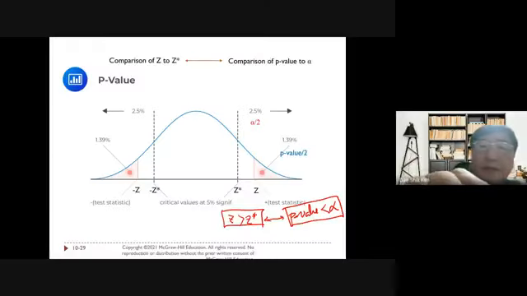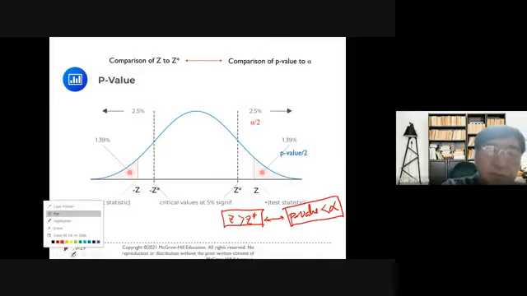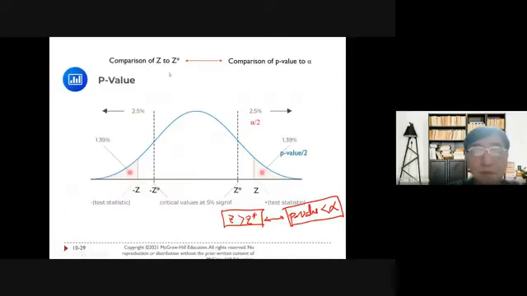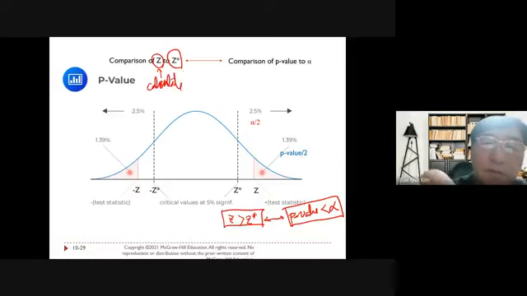The test statistic Z value is compared to the critical Z star. The Z star is calculated from the normal distribution table.